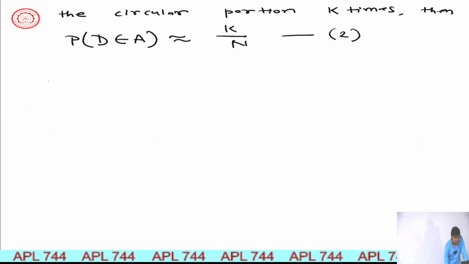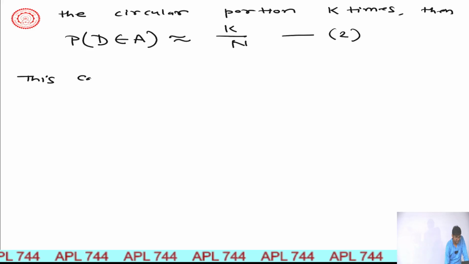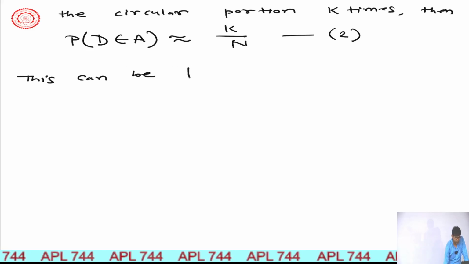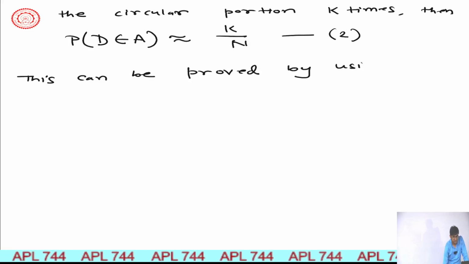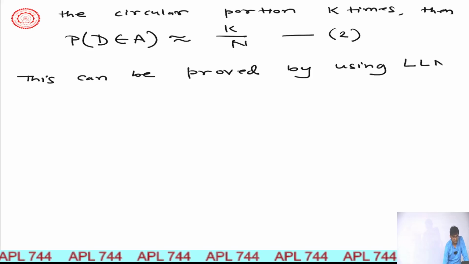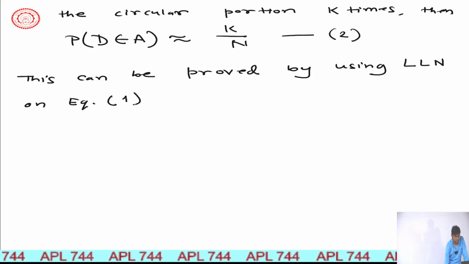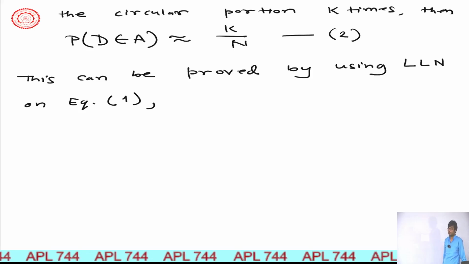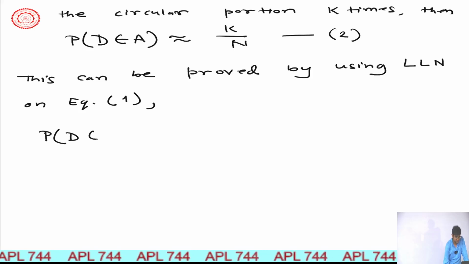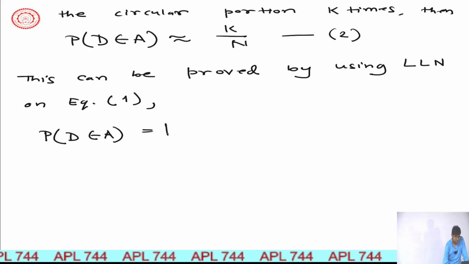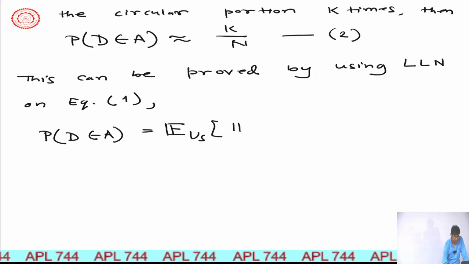This can be proved by using the law of large numbers on equation 1. If I use the law of large numbers on equation 1, what will I get? What I have got till now is this, the expectation of the indicator function.